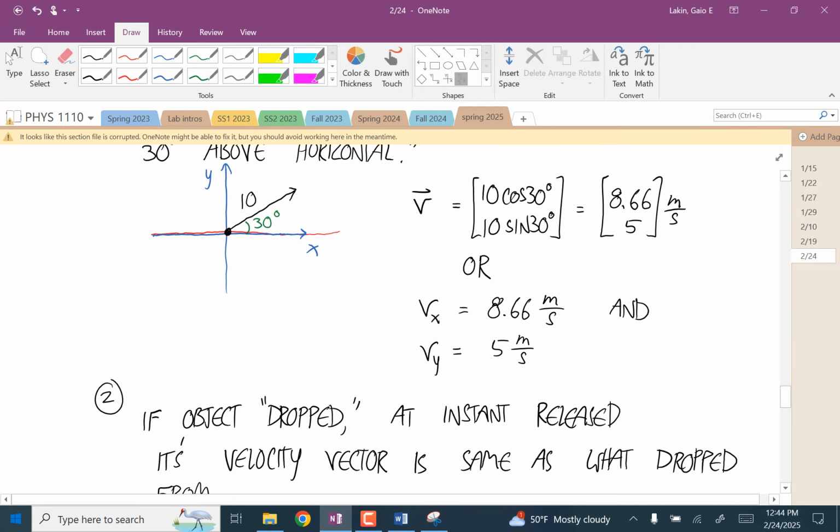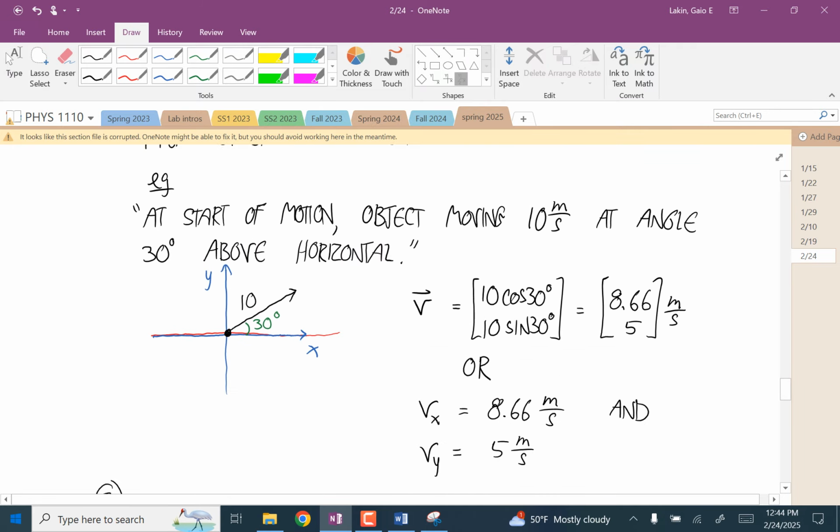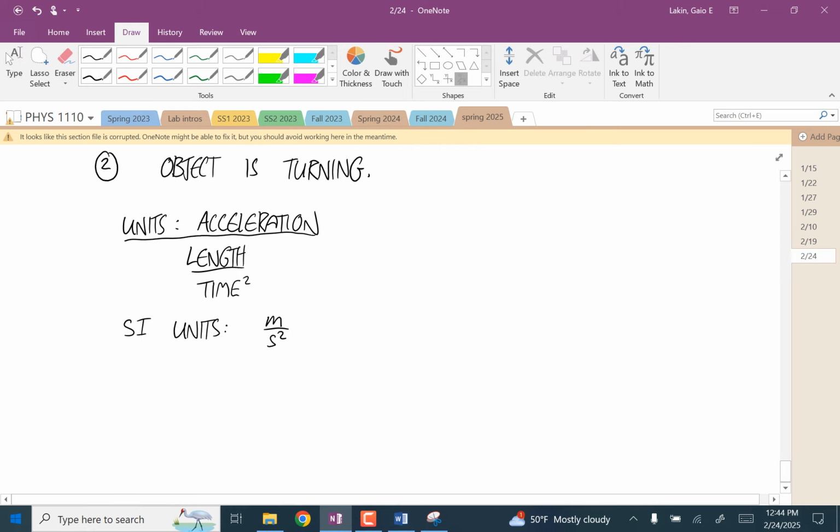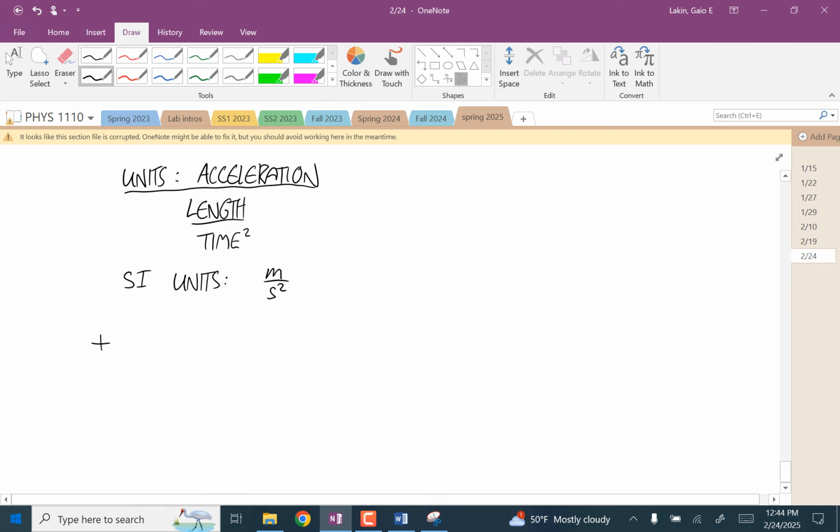How did I write this before? I said 3 important facts about velocity. So let me just say this is one thing to keep in mind, one thing to notice about acceleration.